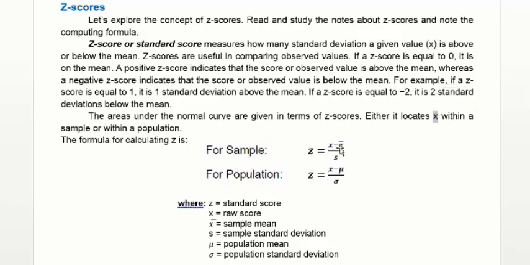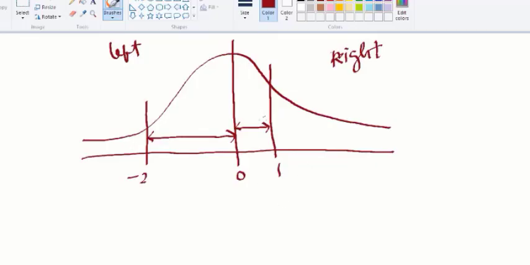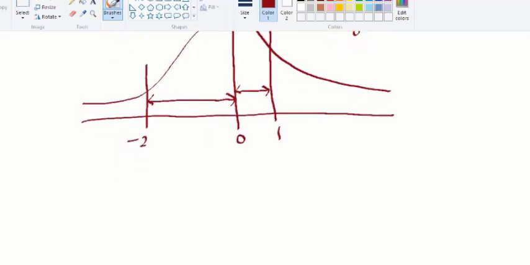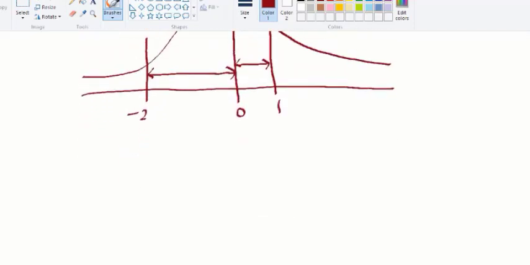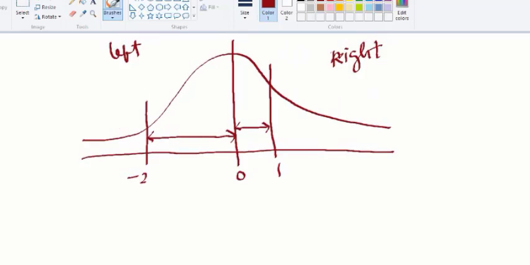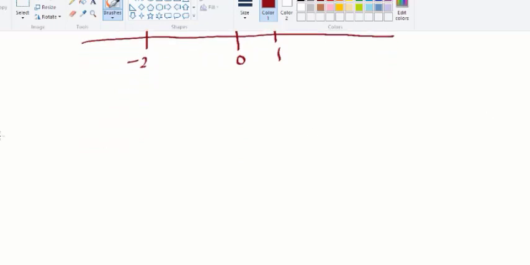That is why we have two formulas. Because, again, I reviewed earlier in the module, in lessons 1 and 2, the difference between parameter and statistic. Parameter is population, statistic is sample. So, this is the formula in order to transform a raw score into a z-score.